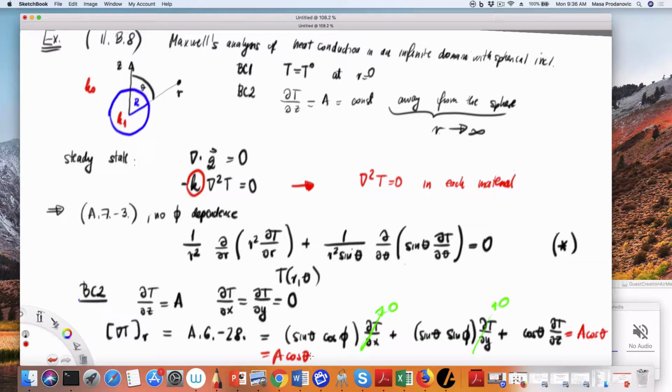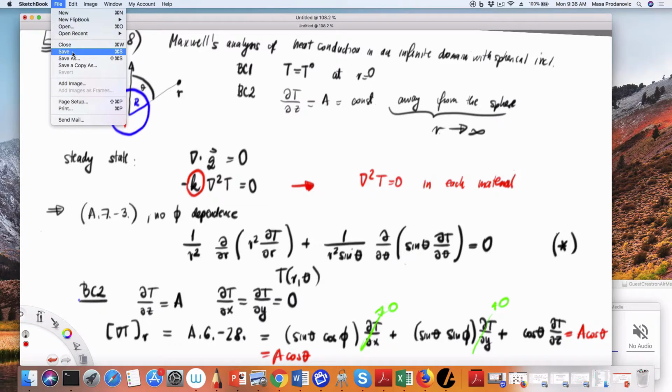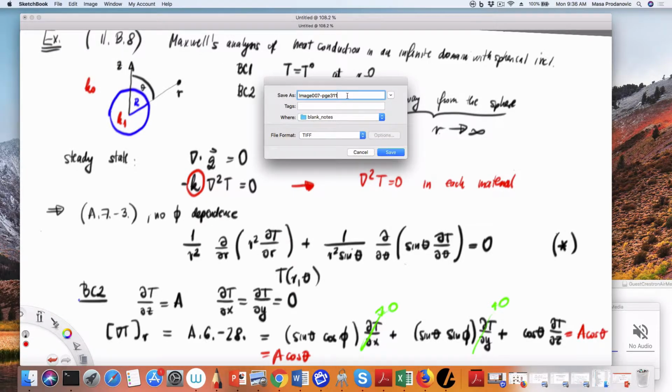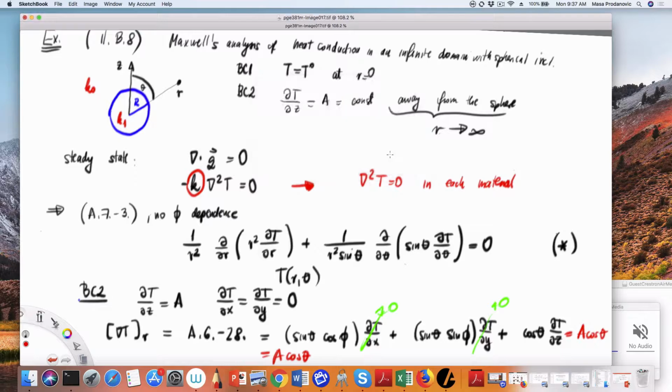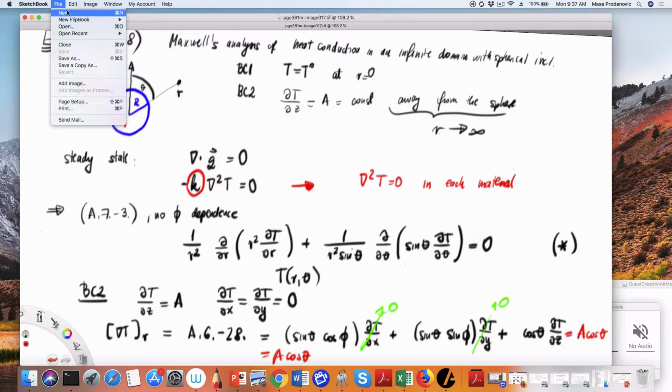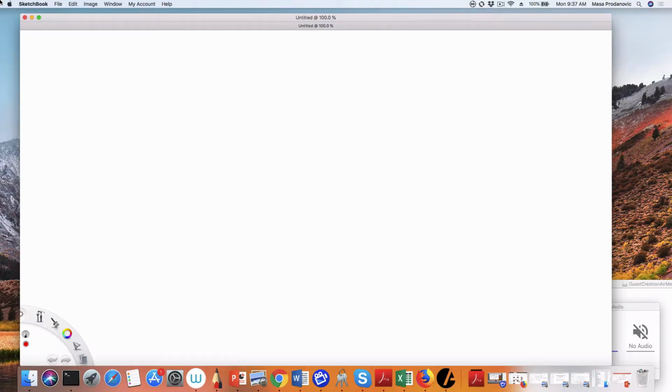So now we do the same for the theta direction. So my t in theta direction, also known as dt d theta.